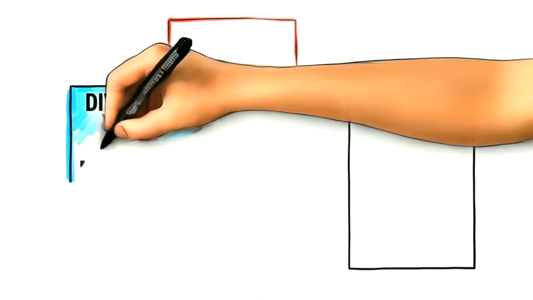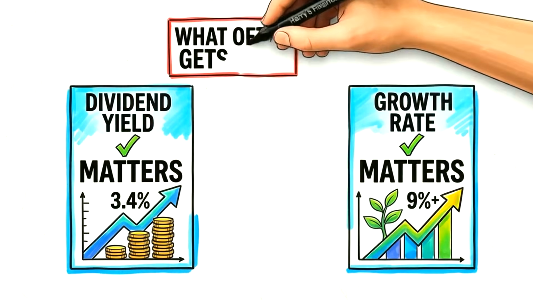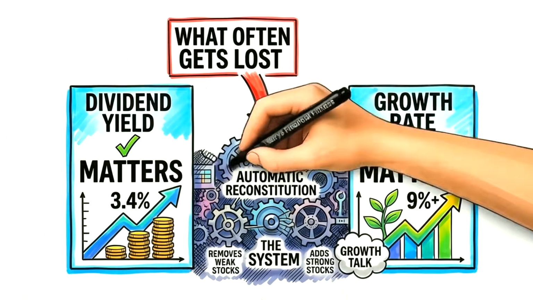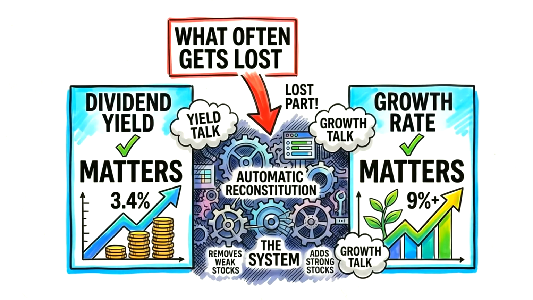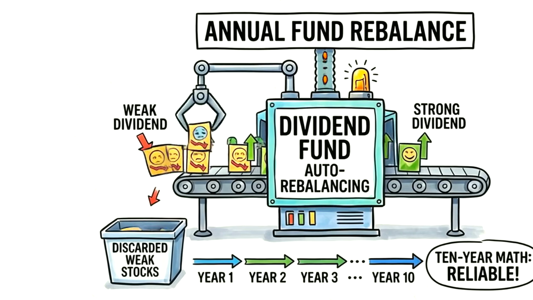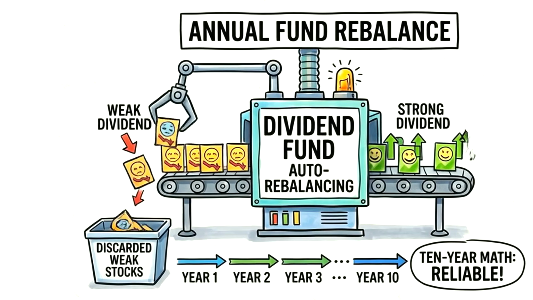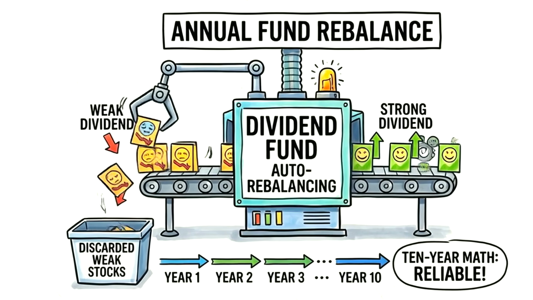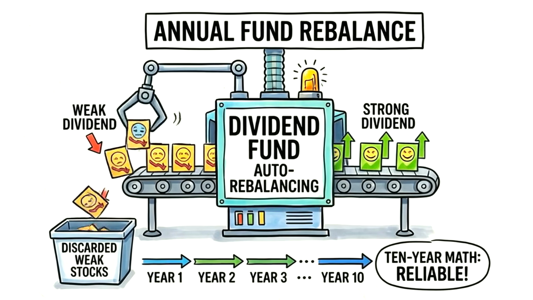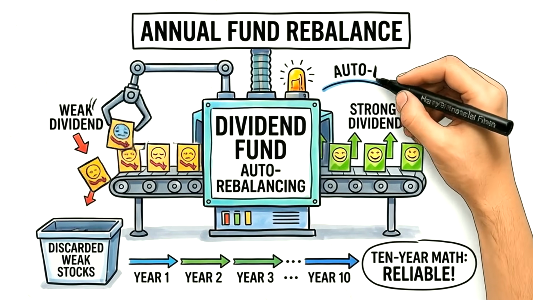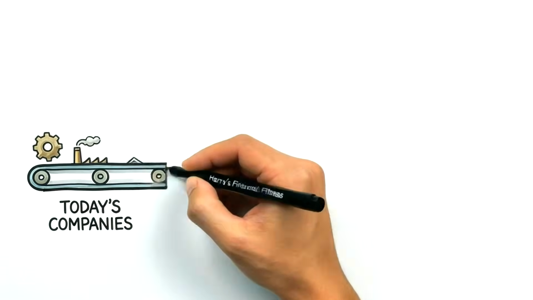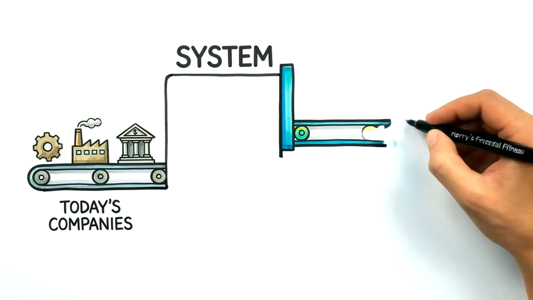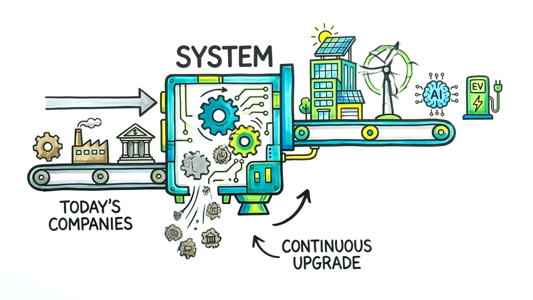That's the part about SCHD that often gets lost in the dividend yield conversation. Yes, the yield matters. Yes, the growth rate matters. But the fact that this fund automatically removes weak dividend stocks and replaces them with stronger ones every single year, that's what makes the 10-year math actually reliable. You're not just betting on today's companies, you're betting on a system that continuously upgrades itself.